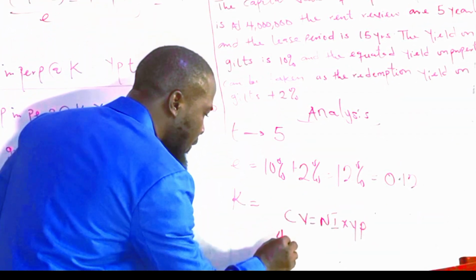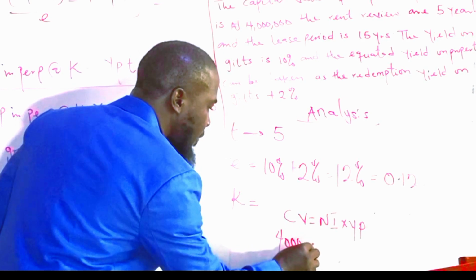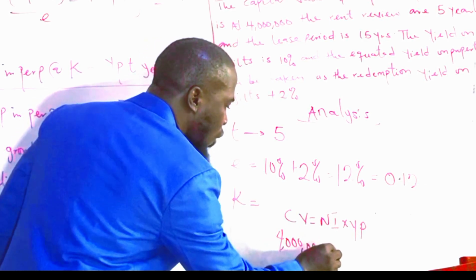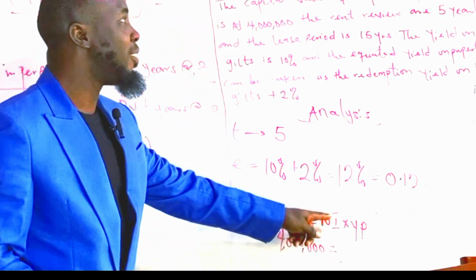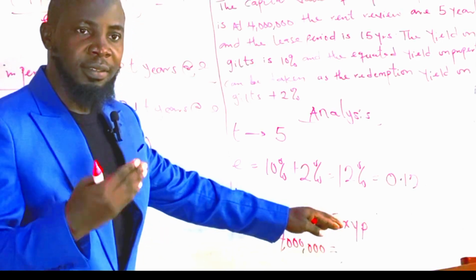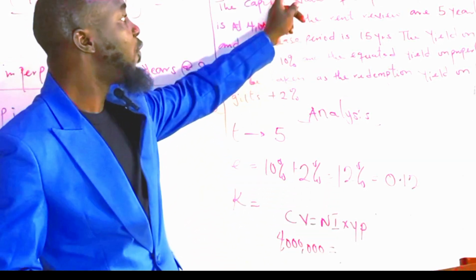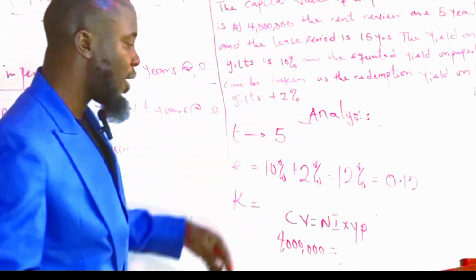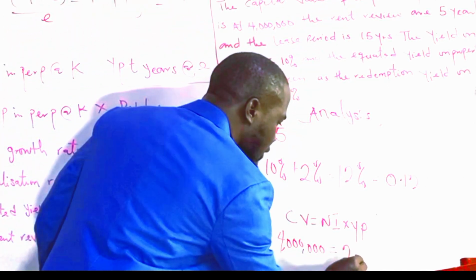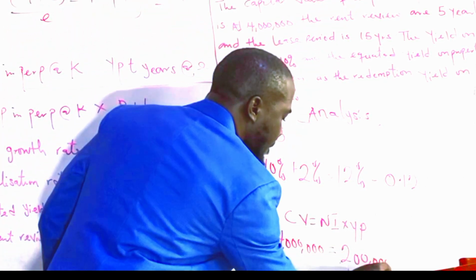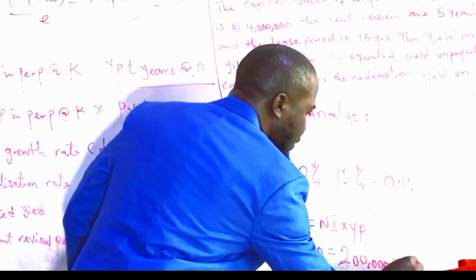4 million equals your net income. How much is the property commanding? After deducting your outgoings, the net income is what? The full rental value of the property is what? 200,000 naira, times YP.